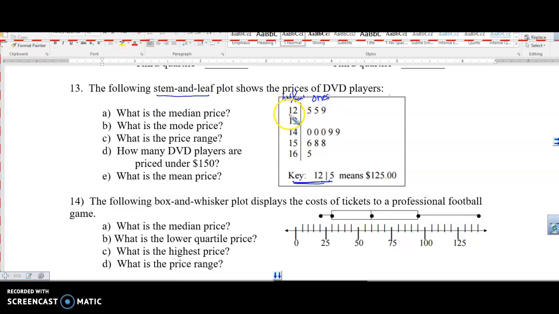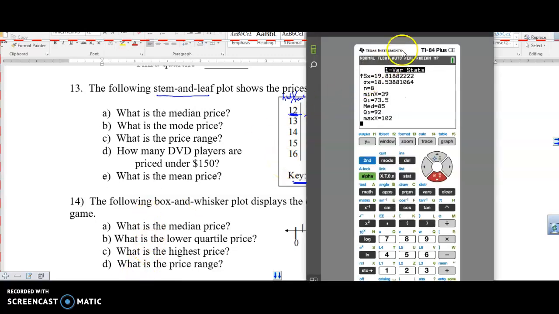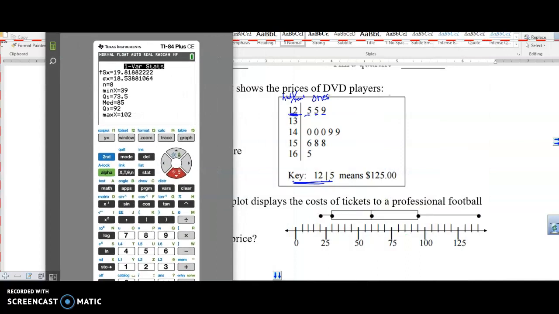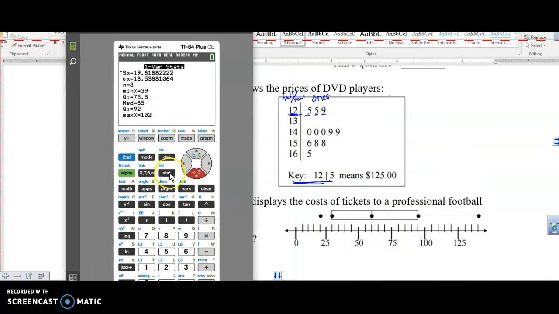So you have 12 here and a 5, and that gives you 125. Then you have another 125, and then you have a 129. So each of these are individual numbers. When we go to put them in our calculator, we have to make sure we put each number in there. I want to show you what that looks like.